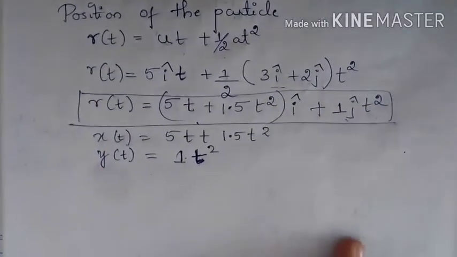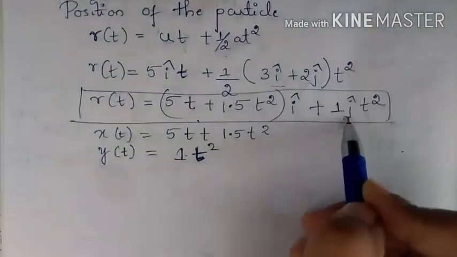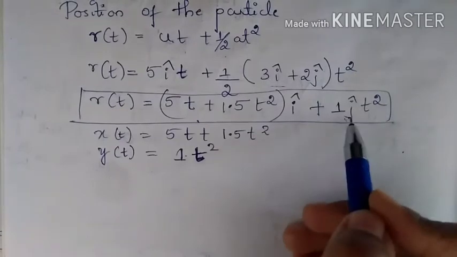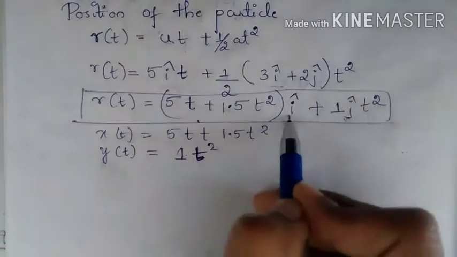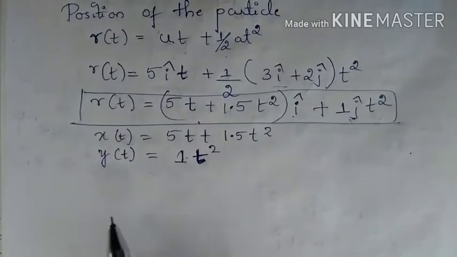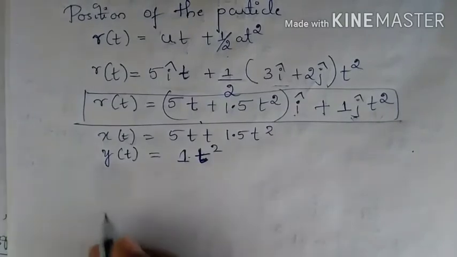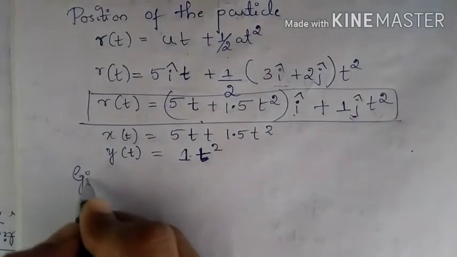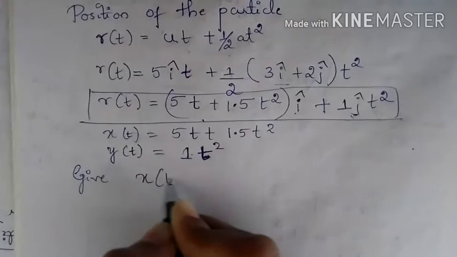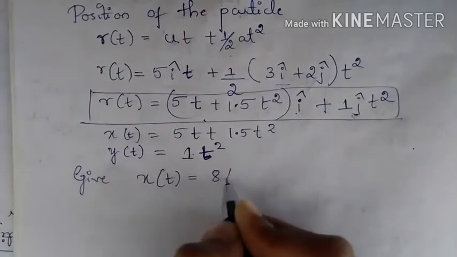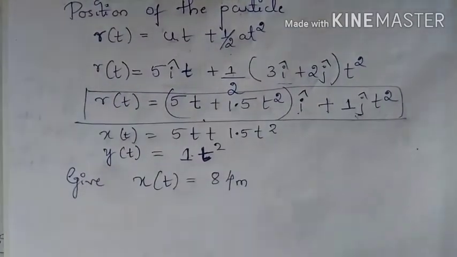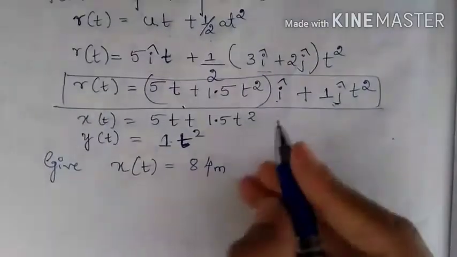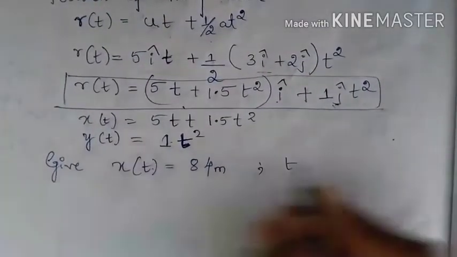So how did we write this? Because there is a j cap here, j cap means it is the y axis, and i cap means it is the x axis. Now, given x of t is equal to 84 meters, we don't know what t is.